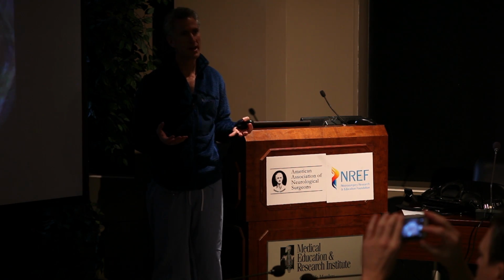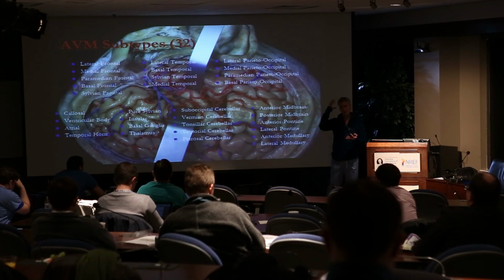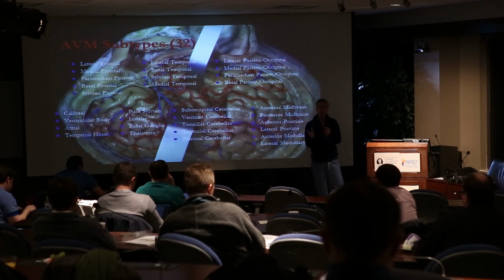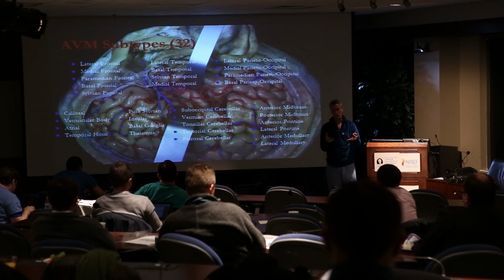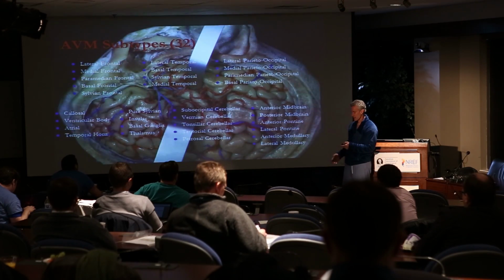If you think about AVMs, they are based on a surface. Just think about the convexity AVM. It's got a broad surface, and then it funnels down as a cone down to the ventricle. And so if you think about every AVM in that same way, there's going to be a surface that it's based on, and it's usually conical.